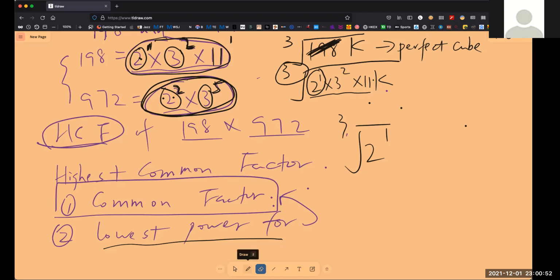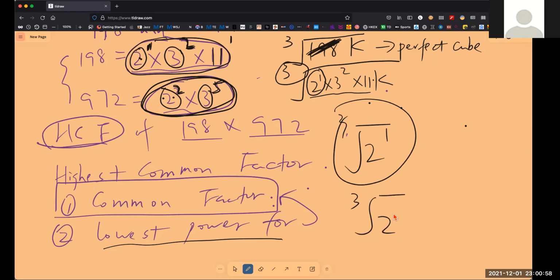So you cannot cube root this, but you can cube root this, because cube root and cube are going to cancel. Given 2 to the power 1, you need to add two more 2s into it. So your k definitely contains 2 times 2.